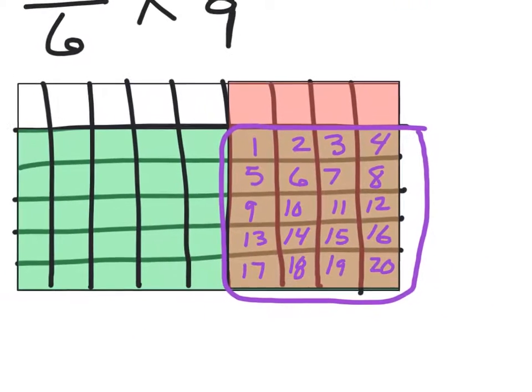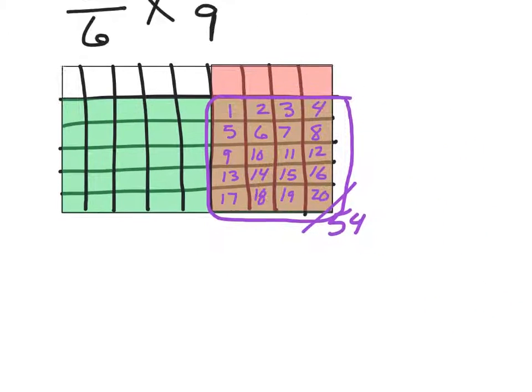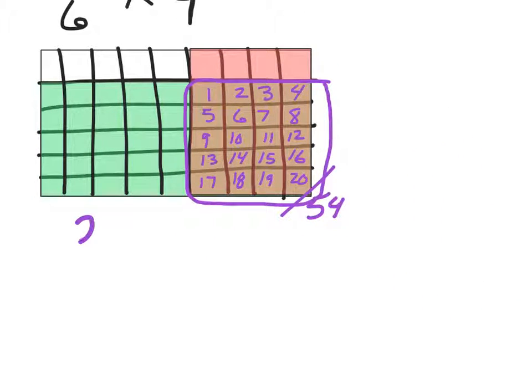Out of the entire fraction box, which means I'm taking 9 times 6, and 9 times 6 is going to give me 54. So 20 out of 54. Let's go ahead and rewrite that right down here. 20/54. And my friends, that right there is your answer.